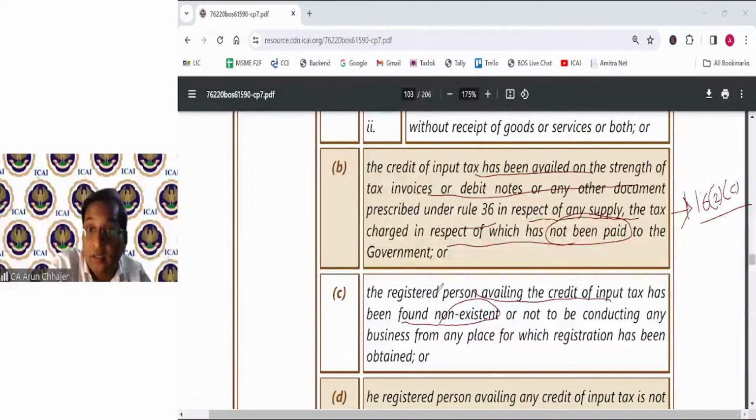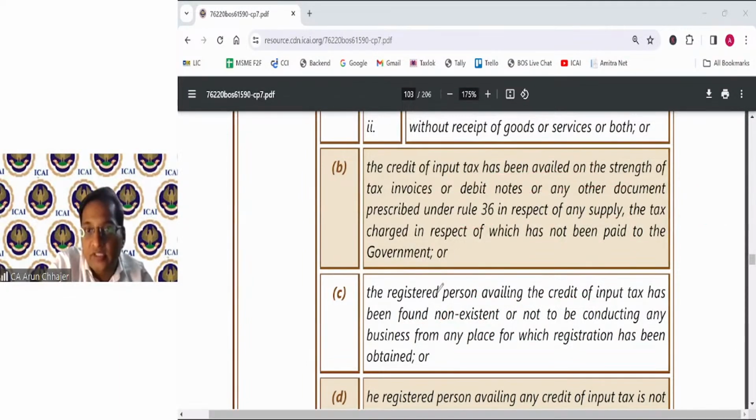Okay. The registered person availing the credit of input tax has been found non-existent. So in clause A, we discussed that the supplier is non-existent. Here they are saying the recipient is found to be non-existent or not conducting the business from the place declared.